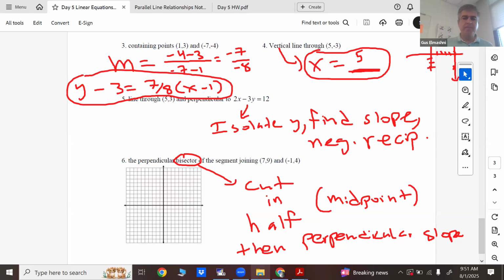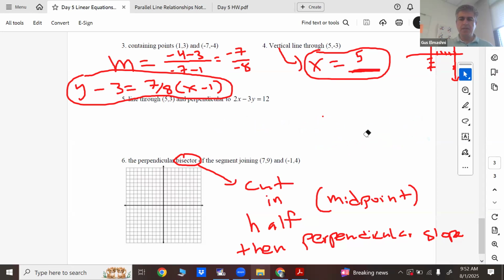Okay. If you get y by itself, let me close the door because I really want to get this done. -4, I think.